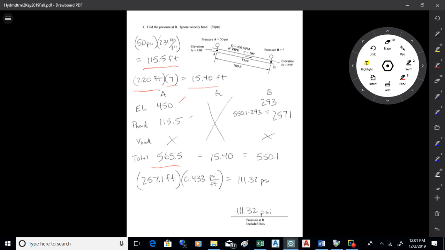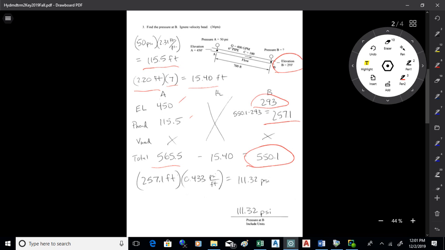Subtract off the head loss, you get 550.1. 293 feet of elevation there. Start with the total, take away the elevation, you get 257.1. That's how much energy you've got left over for pressure. Convert that into pressure in PSI, you get 111 PSI. Okay. Is that all right on that one?